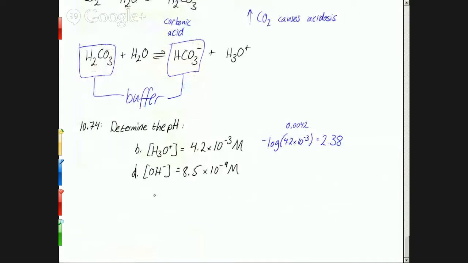So the pOH is the negative log of 8.5 times 10 to the minus 9, which is what? Anybody do that one? 8.07. So that means that the pH is 14 minus 8.07, which is 5.93.